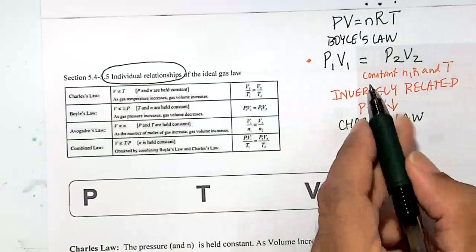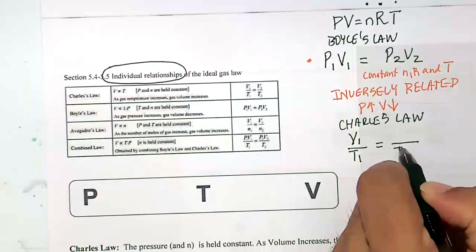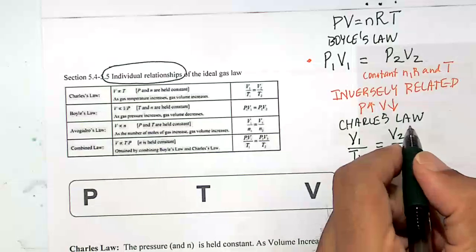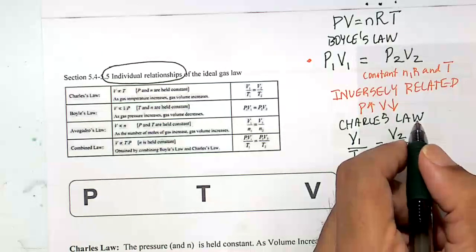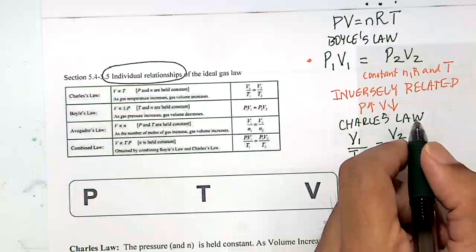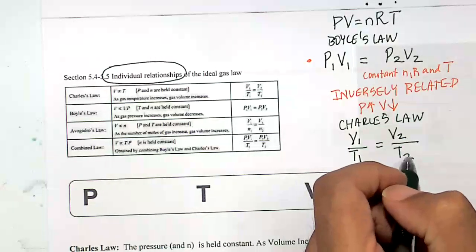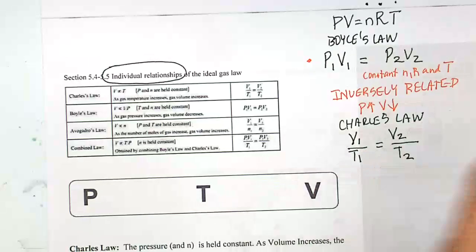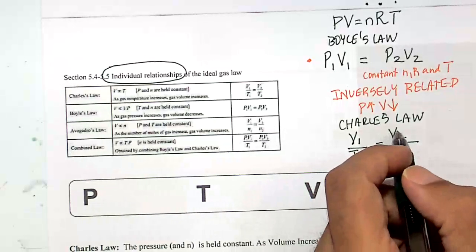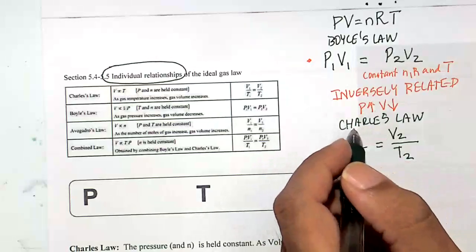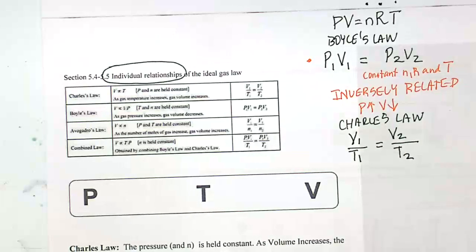I'm going to change the temperature to T2, and the new volume will be V2. This is like compressing or depressing a piston. This is why your hairspray explodes: you raise the temperature so high that it busts through the container because the volume is expanding so much. So this is called Charles' law.